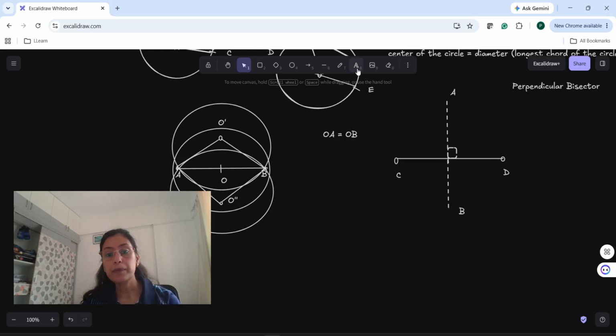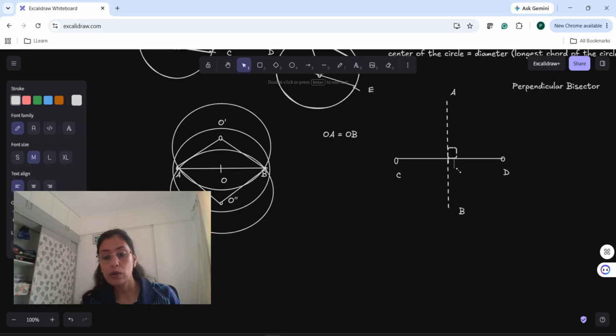First example, this point O. This anyway we have told, right? It is dividing this into two halves, right? Another example, for example, I take this point. I call this point O dash.